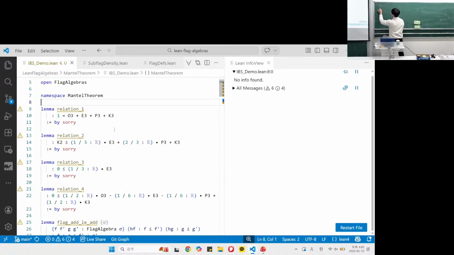And E3 means 3 vertex graphs with 1 edge. And P3 means, as you can see, the 3 vertex path graph. And K3 means the triangle graph.